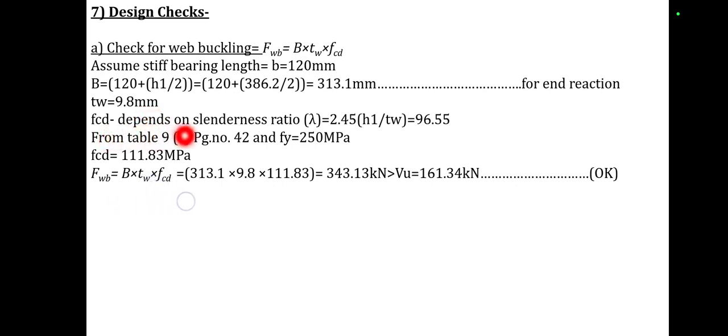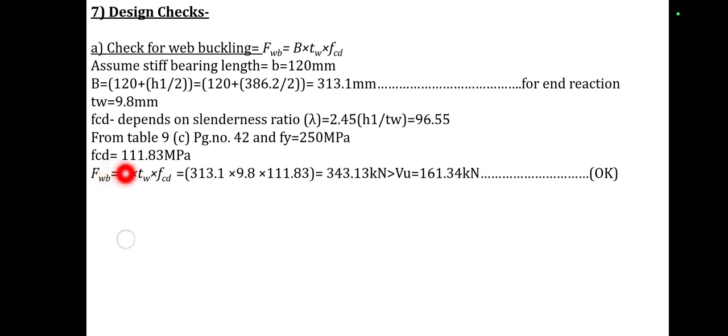FCD depends upon the slenderness ratio, which is equal to 2.45 H1 upon TW, which is equal to 96.55. From table number 9C, page number 42, Fy is equal to 250.